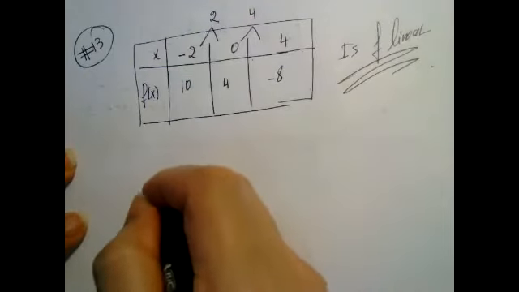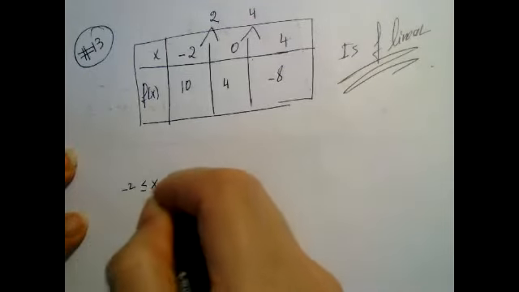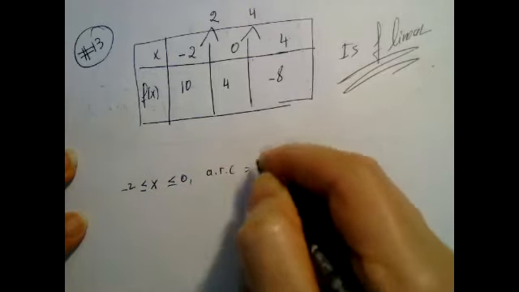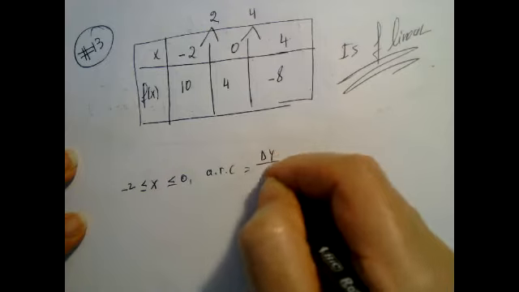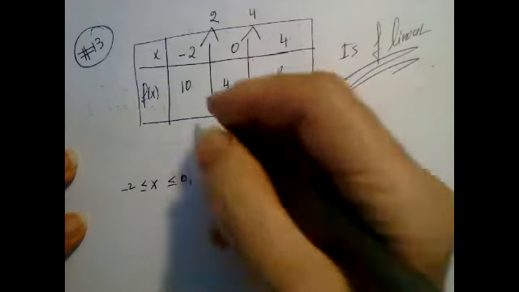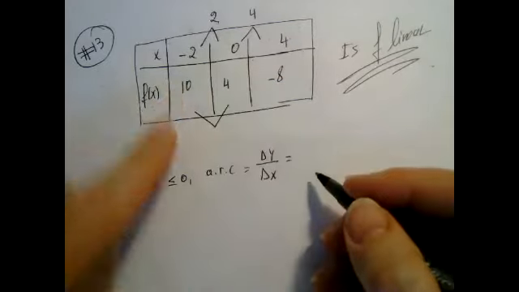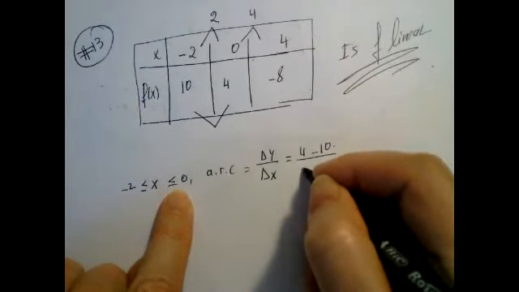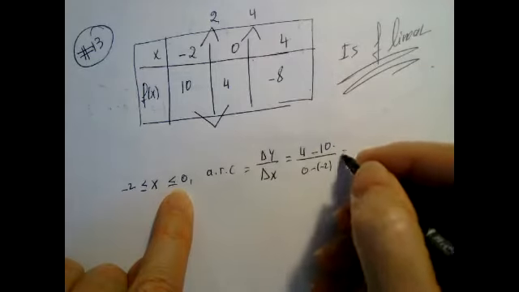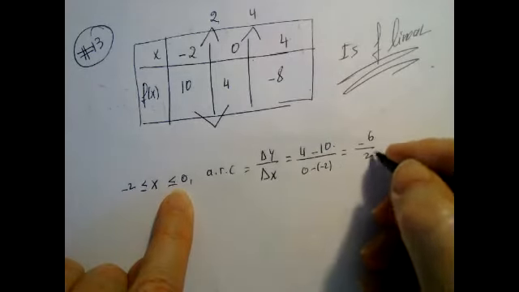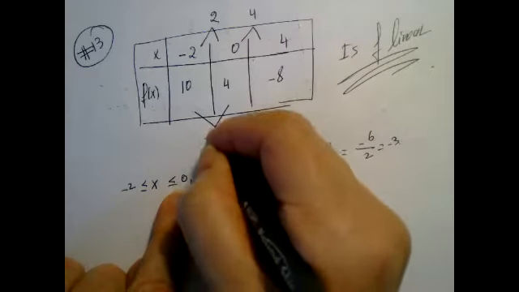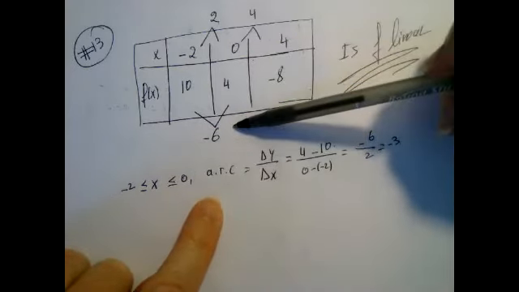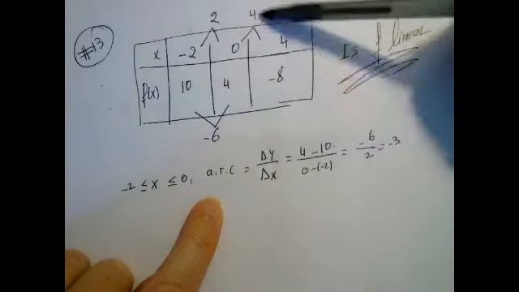So if x is between -2 and 0, the average rate of change, or delta y over delta x, is equal to the following. At 0, I am at 4 minus 10 over 0 minus -2. That gives me -6 over 2, which is -3. So if we go by 2, the output changes by -6. So the ratio is -3.